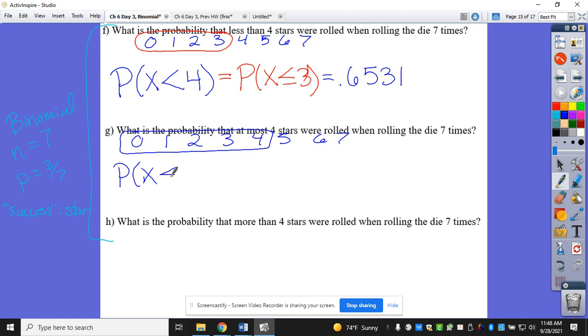X is less than or equal to 4. It's less than or equal to, which means I can use my CDF button. I know it's going to be bigger than this 65.31 because I'm adding more to it, adding about 22 to it. Which gives me what? 87 what?